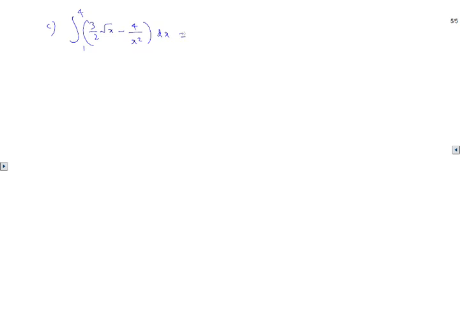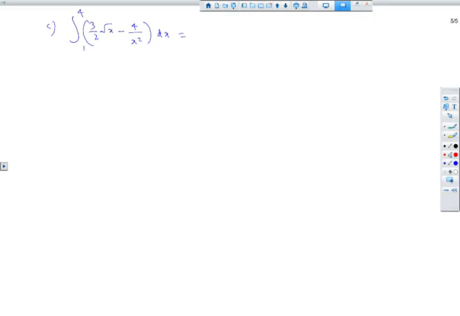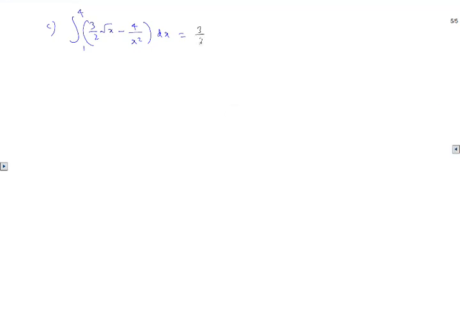So what is the antiderivative of that? You add 1 to the power 3/2, and when you divide, you multiply by 2/3. Minus 4, and then x to the -2: you add 1, it becomes -1, divided by -1.